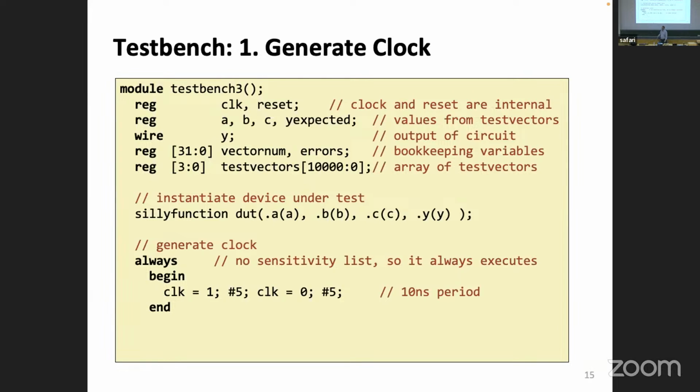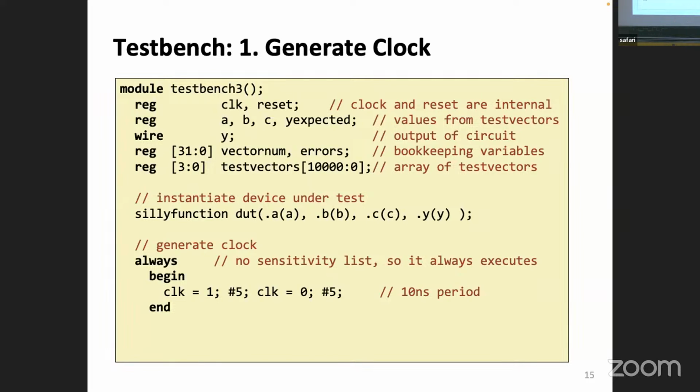So at time 0, clock is 1, wait 5, clock is 0, wait 5, okay, start again. Clock is 1, wait 5, clock is 0, wait 5, clock is 1, clock is 0. There you go. This will go on like this forever.